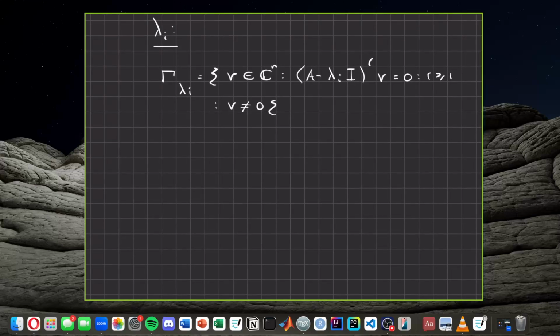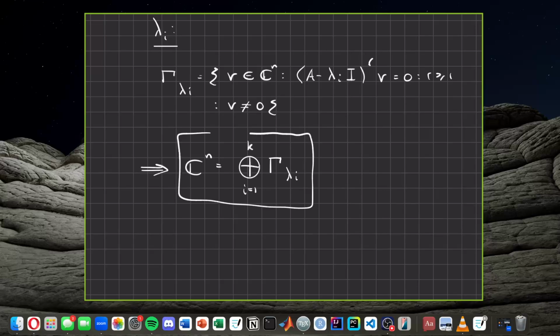So this generalized eigenspace essentially implies this. So we're saying that Cn is what we call the direct sum, from 1 to k, of this set that we just defined. And this is the big result that we're using here.